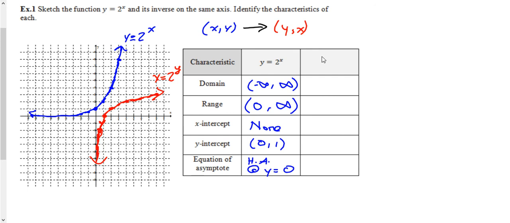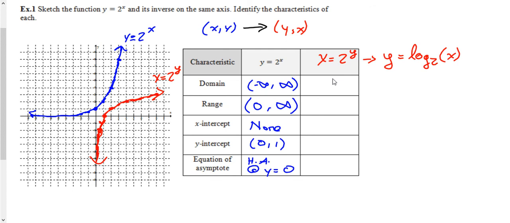I'm going to write this one here as x = 2 exponent y, but really we never have an exponent y. We want to rewrite that, and the way we rewrite that is to use logarithms. So it's going to be written as y = log base 2 of x. There we go.